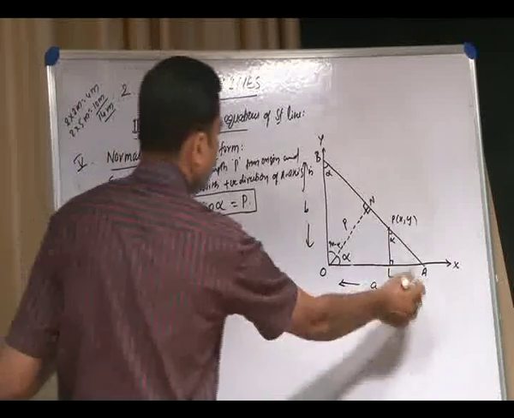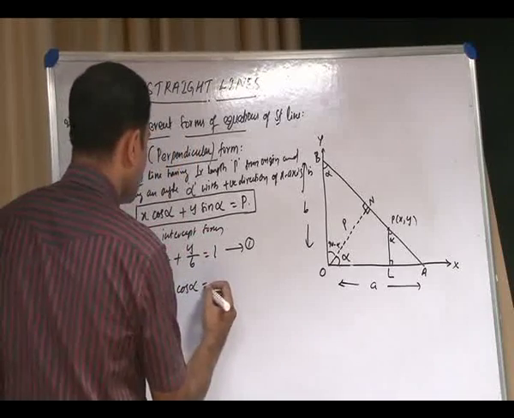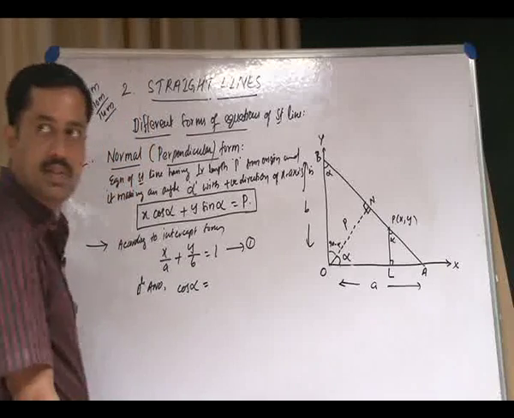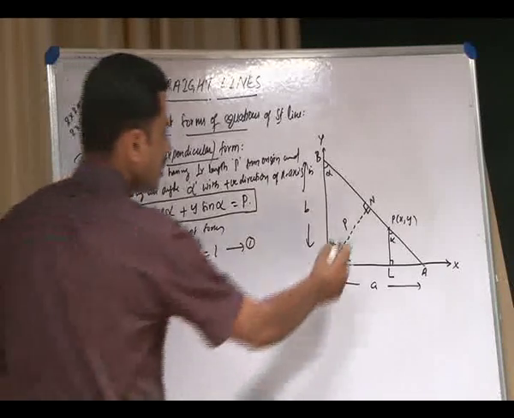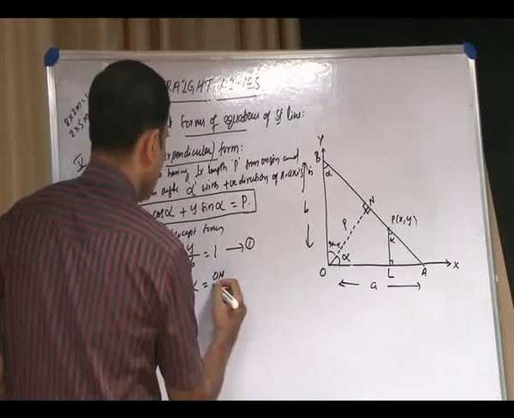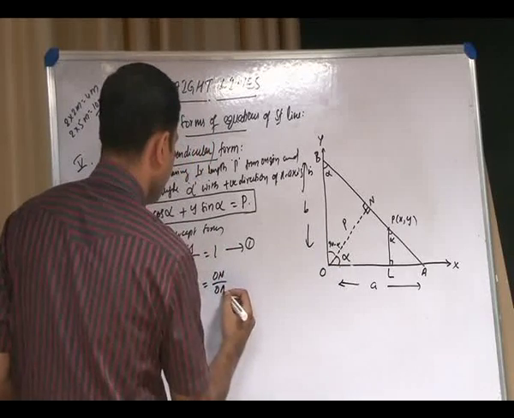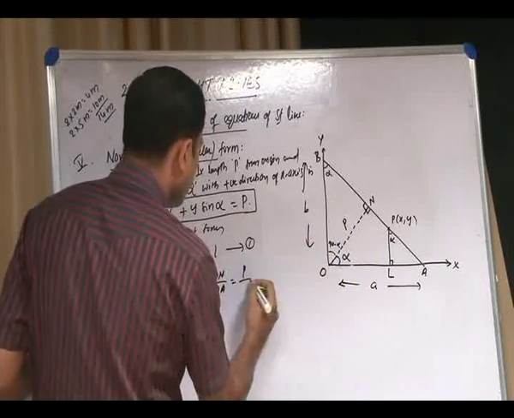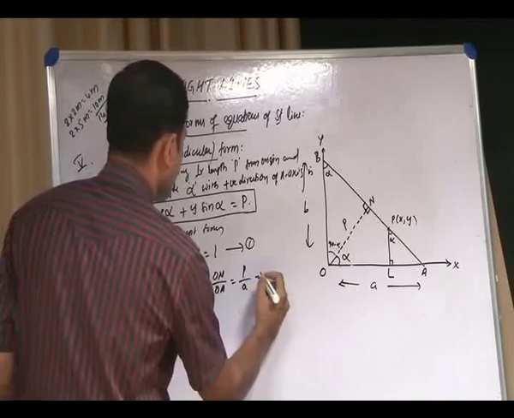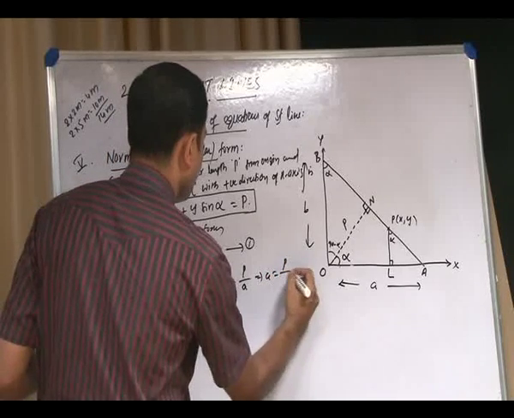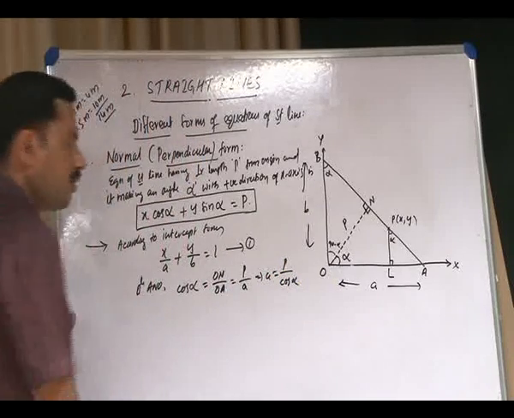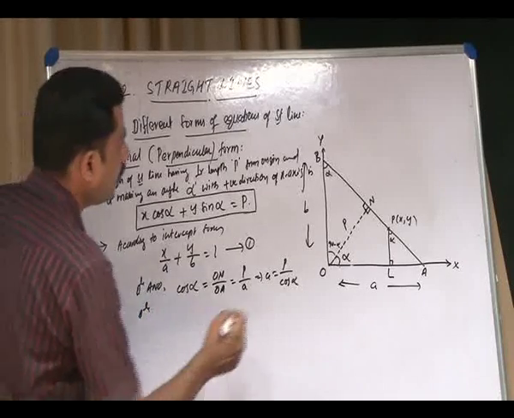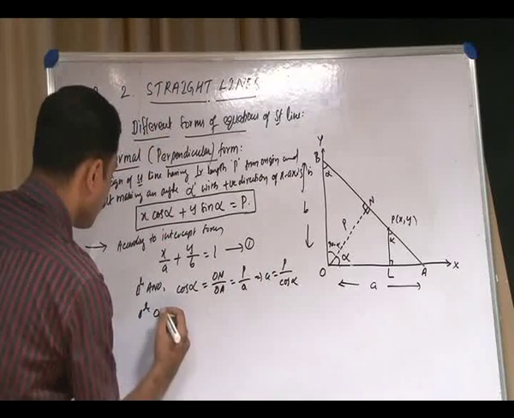The definition of cos theta is adjacent side divided by hypotenuse. So cos alpha is ON divided by OA, where ON is the length of the perpendicular P, and OA is A. That implies A is equal to P divided by cos alpha.